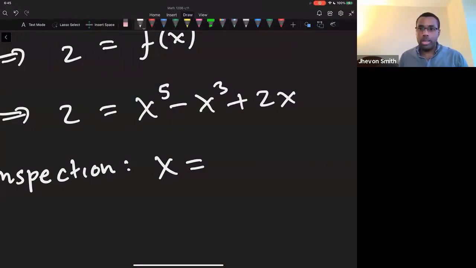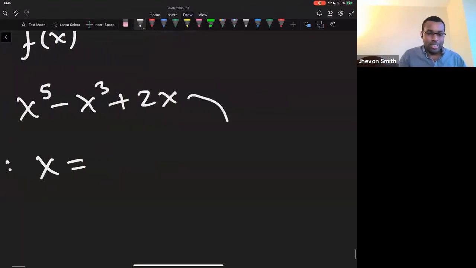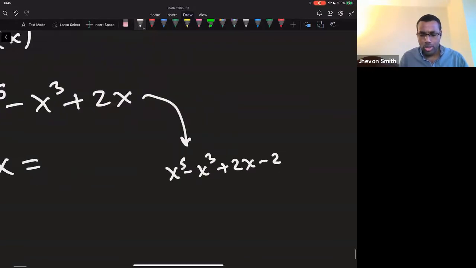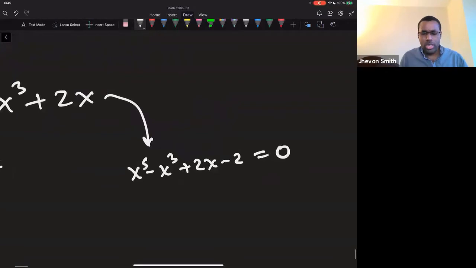Just kind of eyeballing it. Right, x equals 1, exactly. So you just did the problem by inspection, right? You didn't have to move the 2 over and factor by grouping, because you could have done that. You could have written x to the 5th minus x cubed plus 2x minus 2 equals 0.